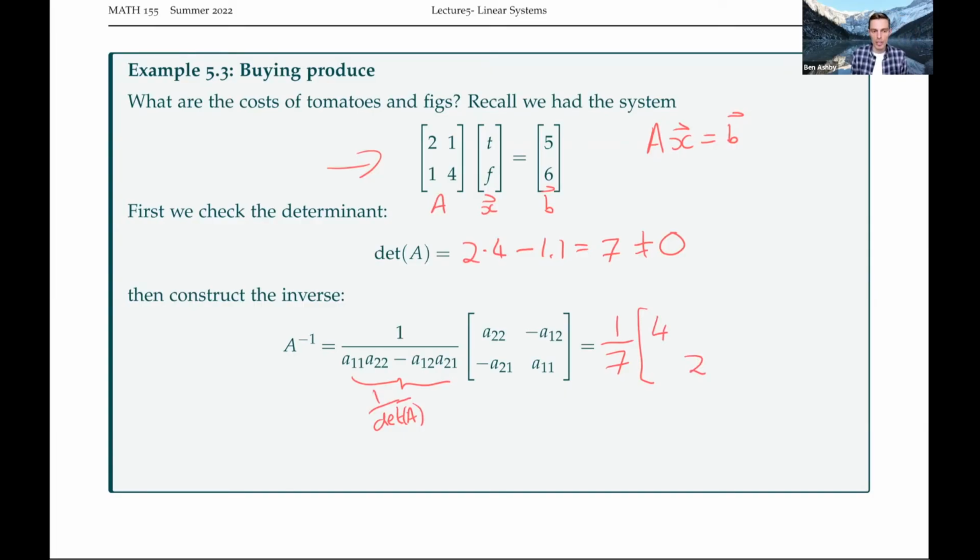And then we take minus the elements of the off diagonal. So we're going to have -1 and -1. So this is our inverse A to the -1. And you can do the check yourself. If you calculate A times A to the -1, this is also going to be equal to A to the -1 times A, which is just going to be the identity matrix I, which is 1, 0, 0, 1. So you can do that calculation yourself just to check.